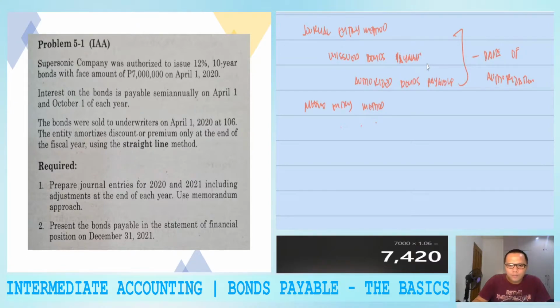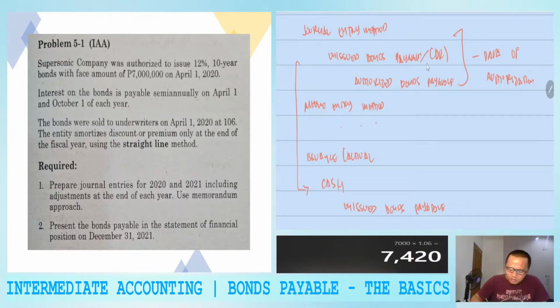Okay? So if there is actual issuance na, under the journal entry method, our entry would basically be to debit cash, credit unissued bonds payable. Signifying na originally we have debited it, DR tayo, naka-debit siya.